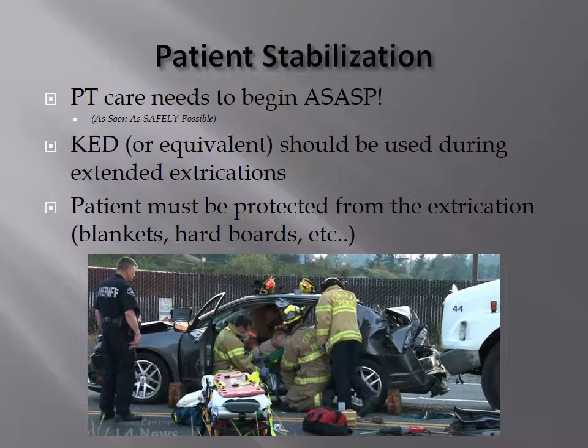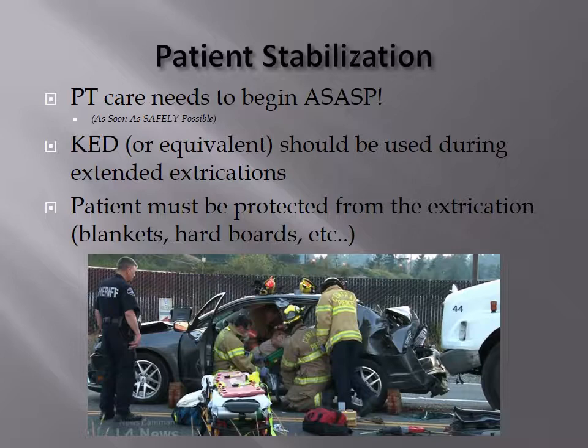If they do have spinal injuries, use a KED if that rescue or extrication is going to be prolonged and you have time to put it on. And try to protect that patient by using blankets, put helmets on them if need be, because during extrication it can get loud, dust can go, small pieces of glass can fly, so keep that patient protected from any kind of secondary injuries.